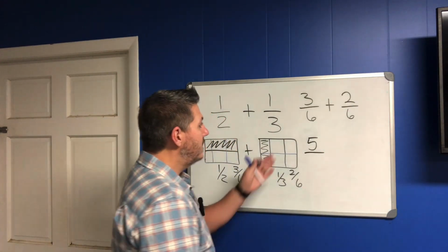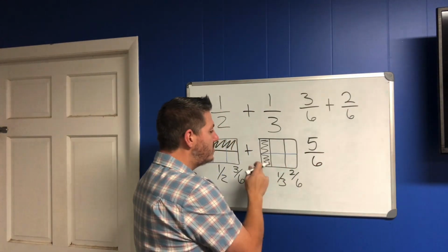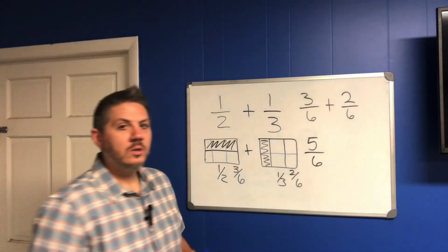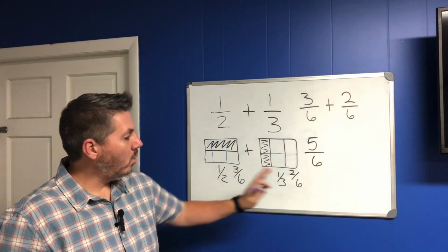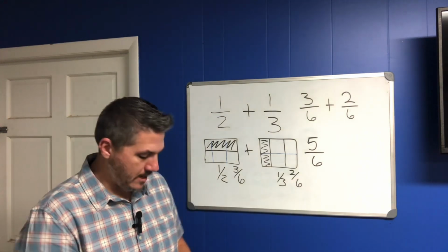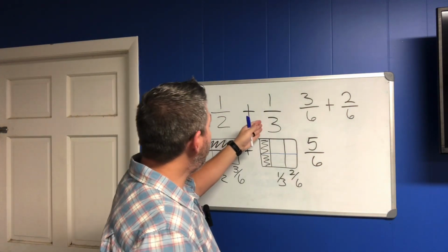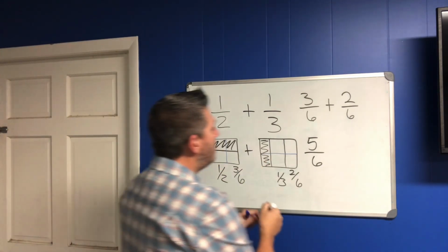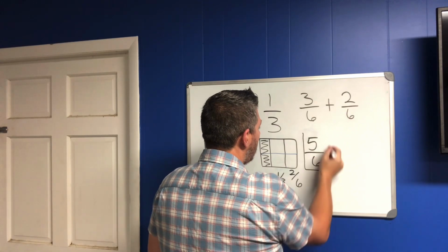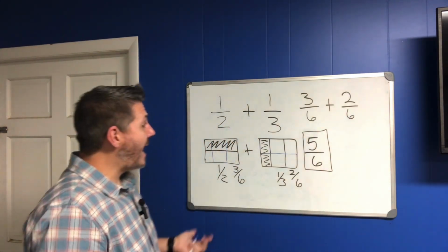And we simply bring our 6 over because that 6 represents how many total are in there in one rectangle. One whole is 6, okay? So we have, when we add 1/2 plus 1/3, and we go through to get the same denominator, we come up with the answer 5/6. That's how we add fractions.